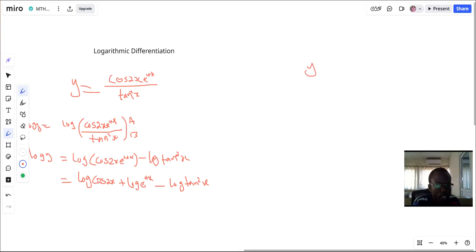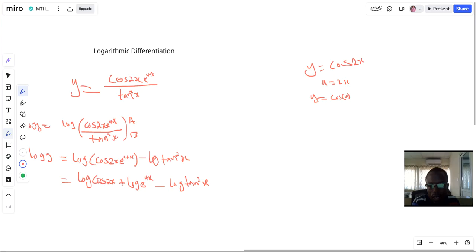Therefore if y is equal to cos 2x, let u be equal to 2x, so y is equal to cos u. This is the outer function and this is the inner function.